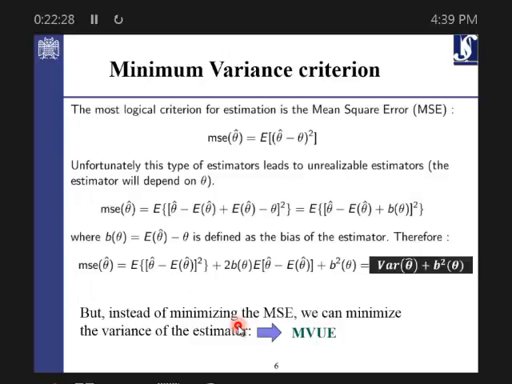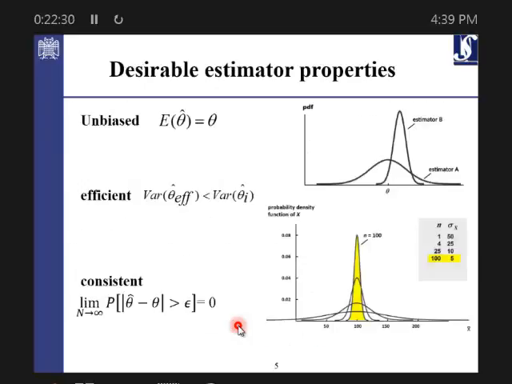So in the first example, estimator A is unbiased but we don't know about its efficiency, because we have to know the variances of the other estimators which are also unbiased.